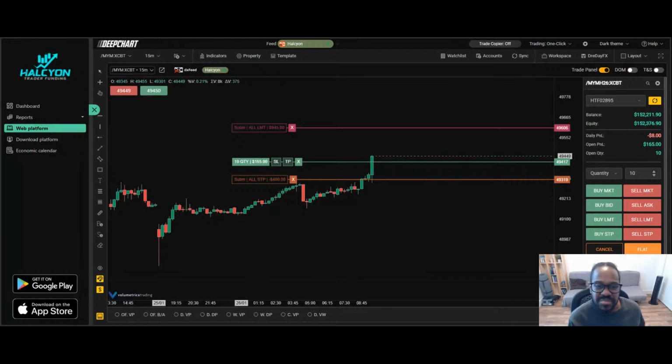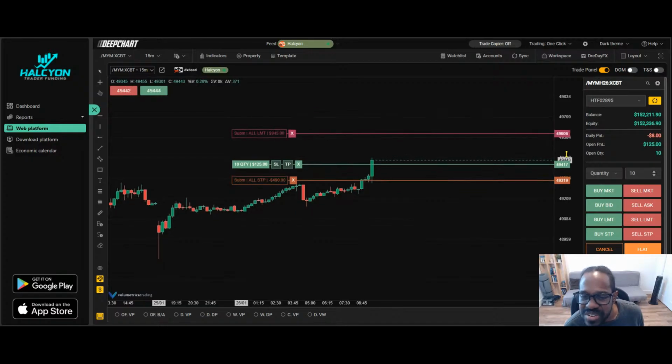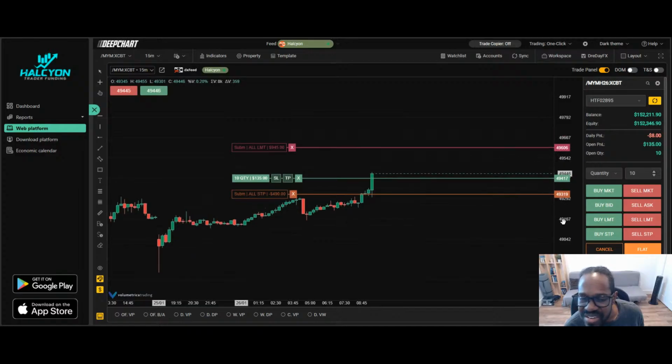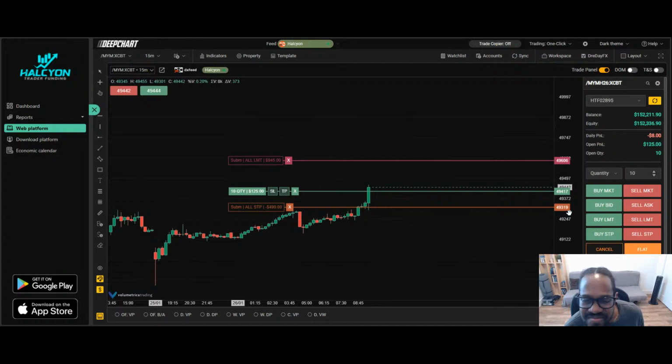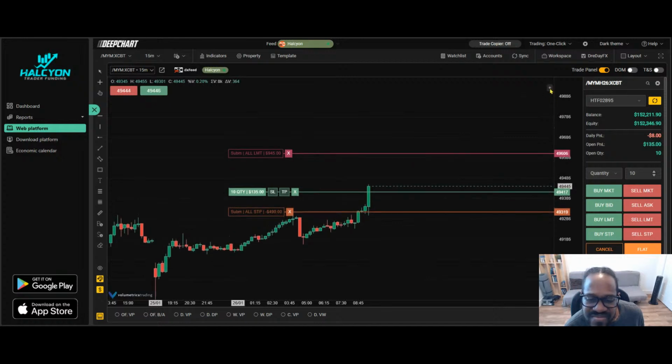So US30 is a buy. So we just got a buy signal. So that's perfect. So that means that we're in the right direction. So let's get it. So just waiting for it to push a little bit more so I can start putting my trade at least at break even.